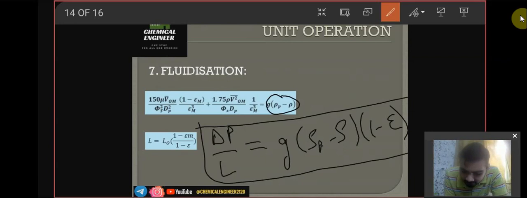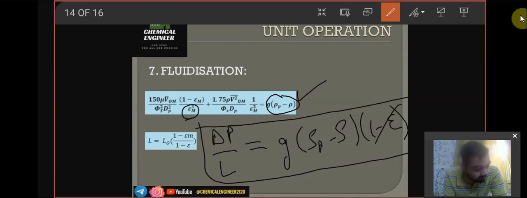So delta P by L equal to 150 mu into V divided by phi square dp square, 1 minus epsilon square by epsilon cube. This is at critical fluidization, so this is a critical porosity. Then plus 1.75 into rho v square divided by phi s dp into 1 minus epsilon divided by epsilon cube, which is equal to delta p by L. Again 1 minus epsilon is cancelled from all sides. That is why we are getting the equation shown here.